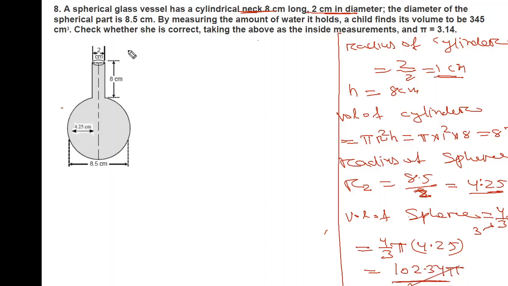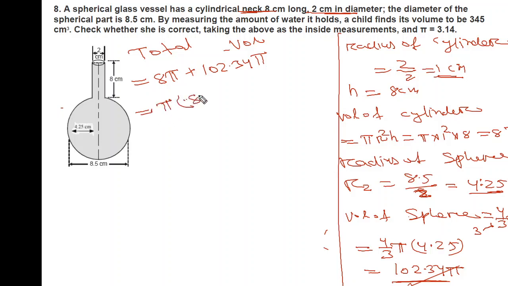Now what we have to find? We have to find the total volume. So total volume will be equal to 8 pi, the volume of the cylinder part, plus this 102.34 pi. Now you can take pi as common.